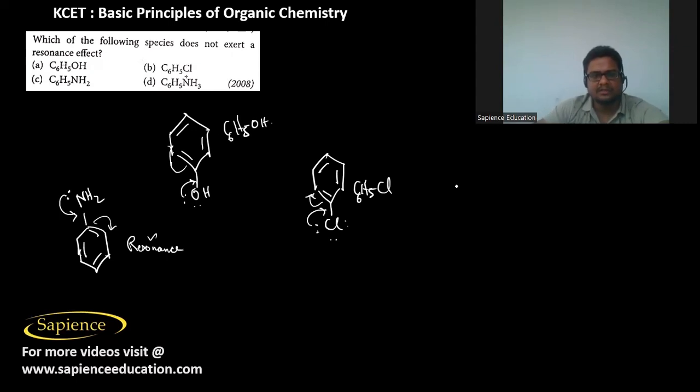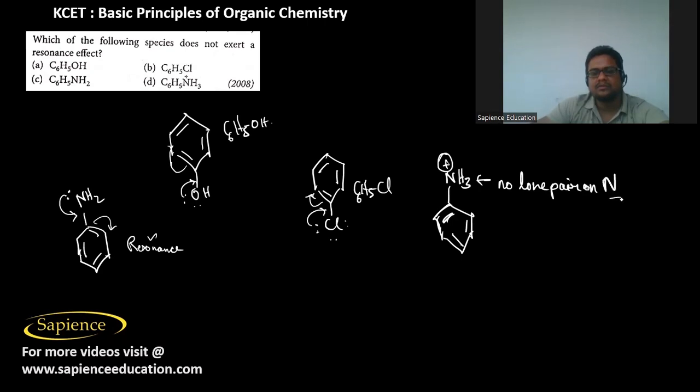But in case of C6H5NH3 plus, here we have NH3 plus, so it has no lone pair on it. Here no lone pair is there on nitrogen. So there can't be any resonance effect. So option D is the correct answer.